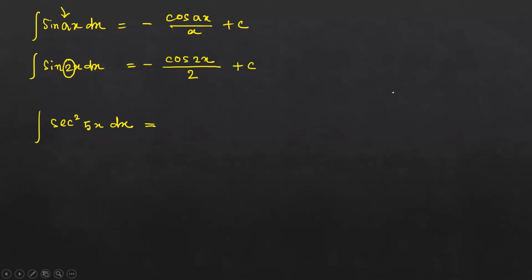It is tan 5x, divided by 5, plus c. You divide by this constant 5, and then you have a constant c. For the remaining ones, cosec and cot, everything is the same.